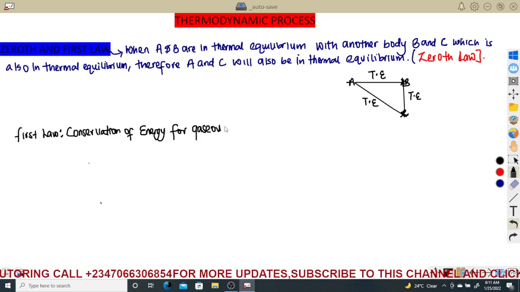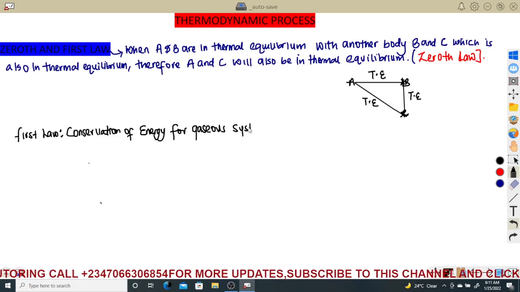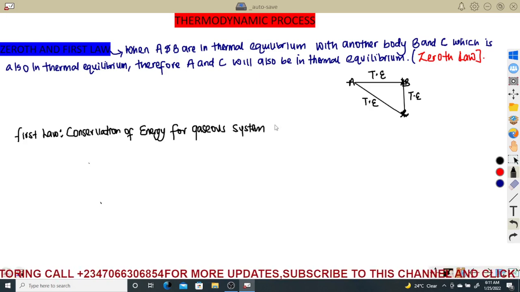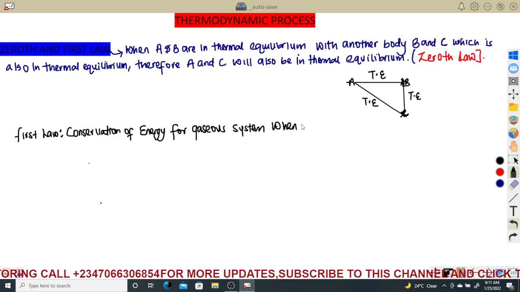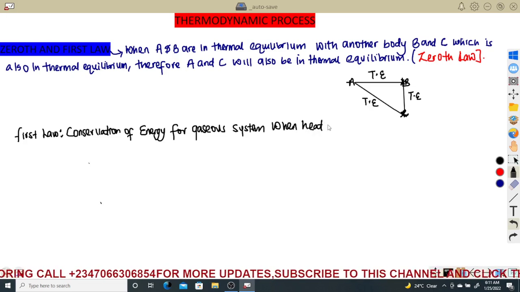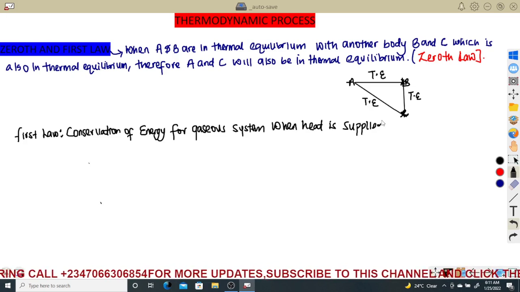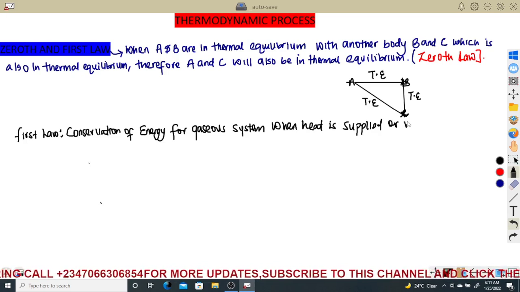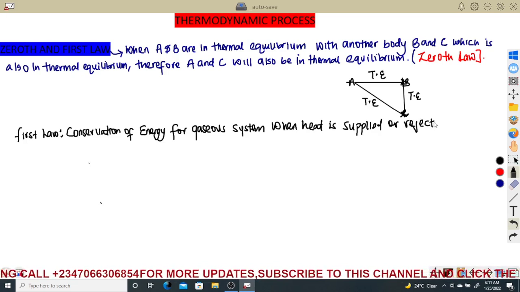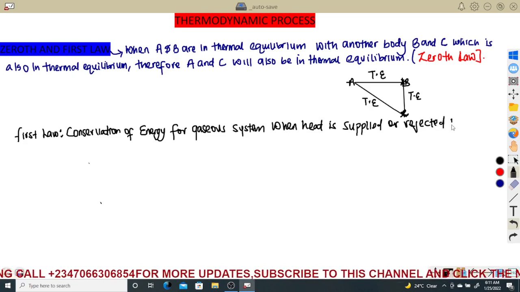For a gaseous system, when heat is supplied or rejected by the body.